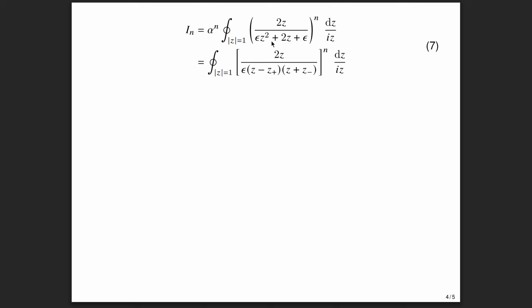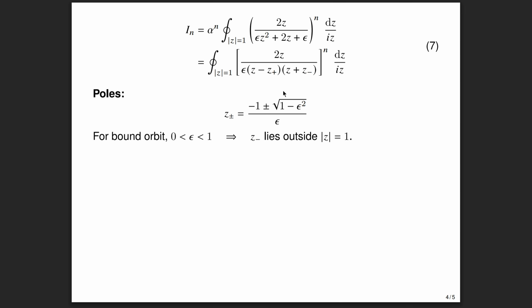If we factorize the term in the denominator, because it's quadratic in z, we get something like this, where z plus and z minus are the roots of this equation. In terms of complex calculus, we can say that z plus and z minus are the poles of this function of order n.